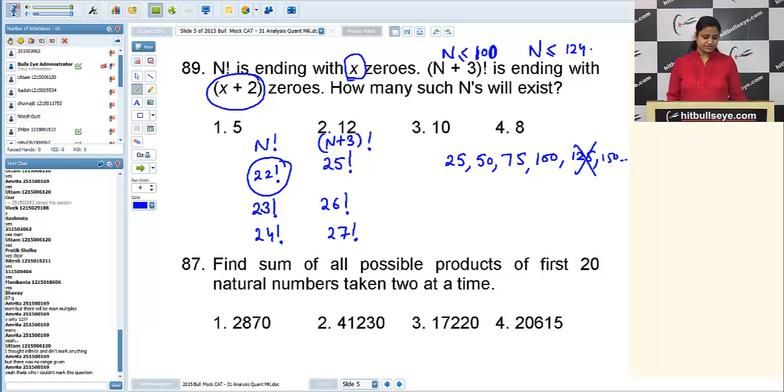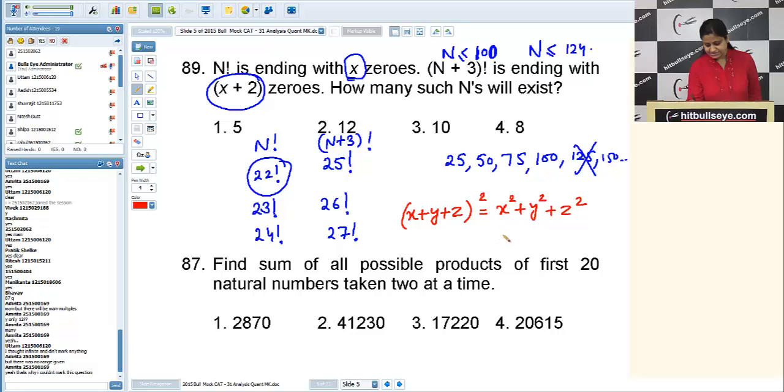Now moving to question number 87, it says find the sum of all possible products of the first 20 natural numbers taken 2 at a time. Now that was a difficult question, but if you know some formulas, say we have the formula (x plus y plus z) whole square, that will be x square plus y square plus z square plus twice the sum of products taken 2 at a time.